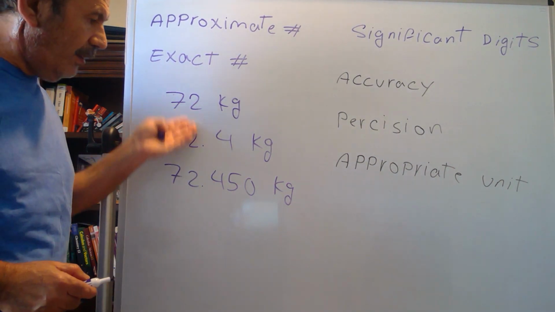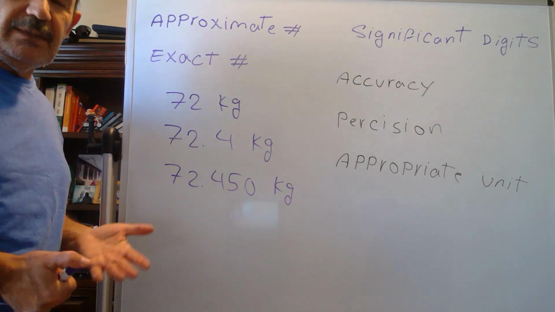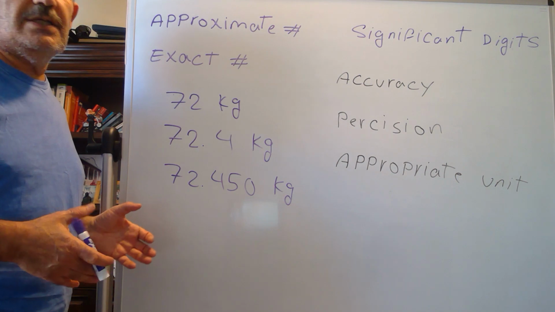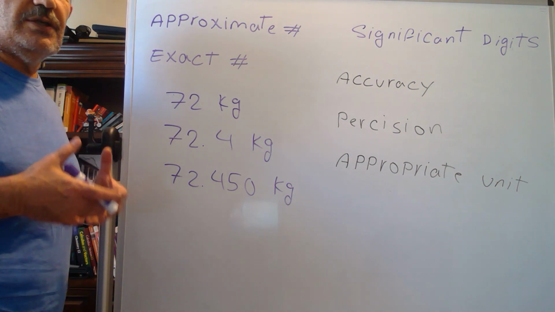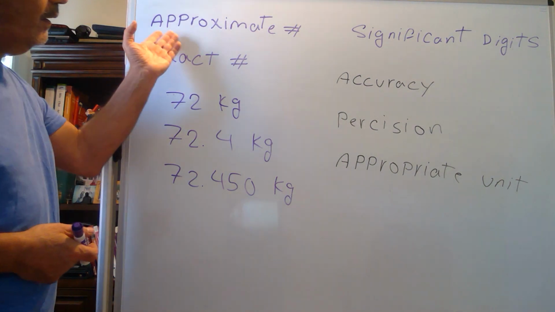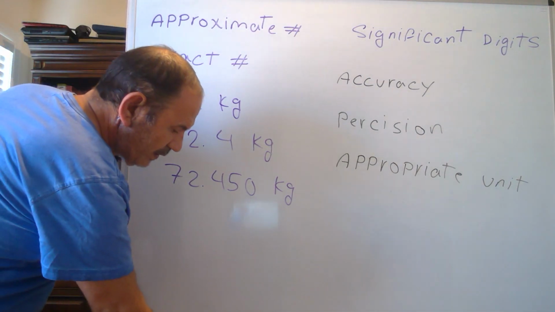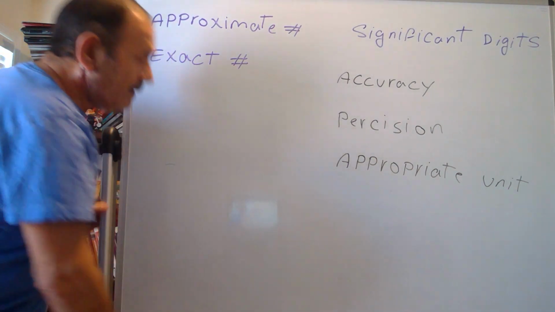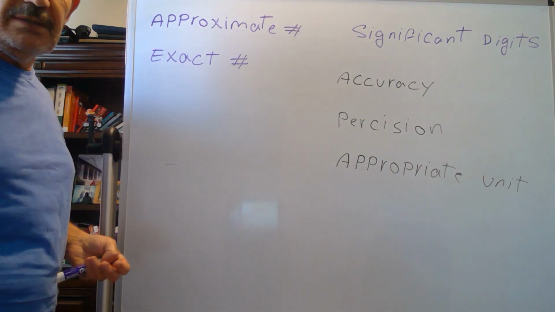As you see, again, all of these numbers are approximate because it depends on which type of device or scale I'm using to weigh myself. All of these numbers, we call them approximate numbers. Anything related to measuring something is going to have an approximate result.